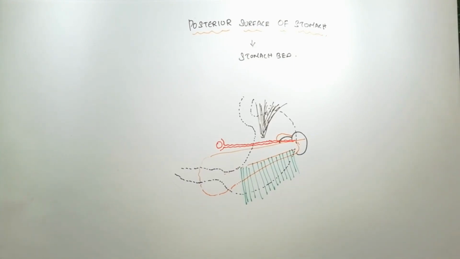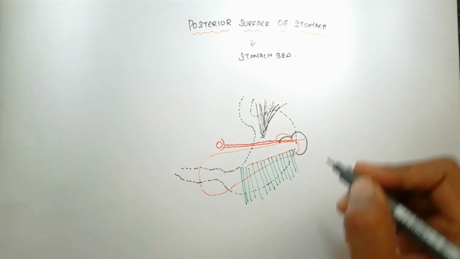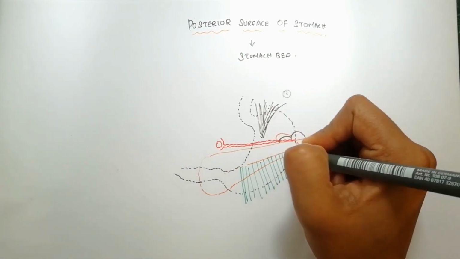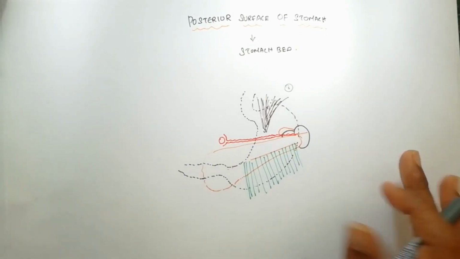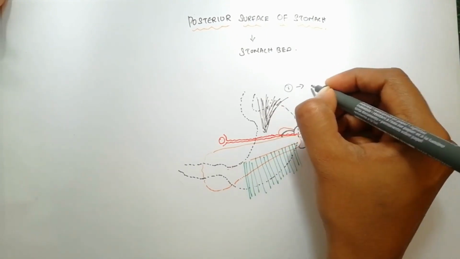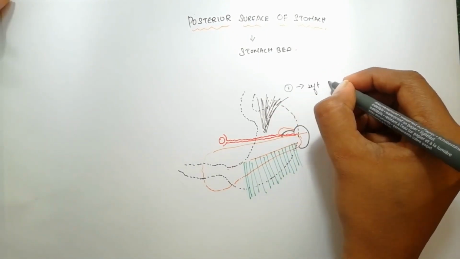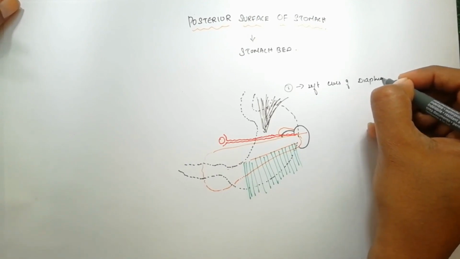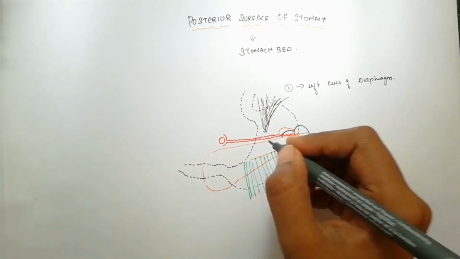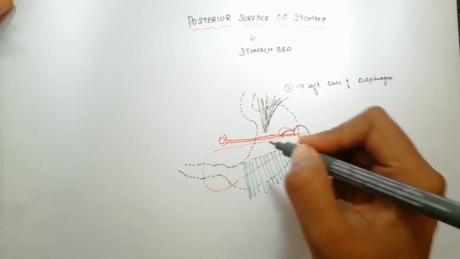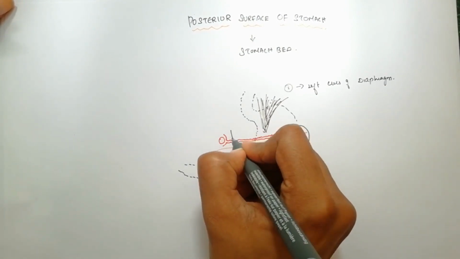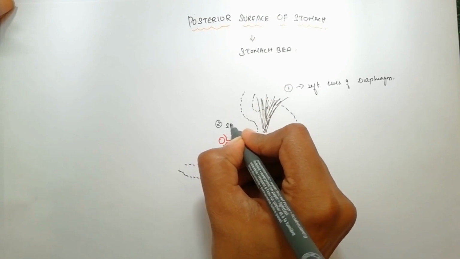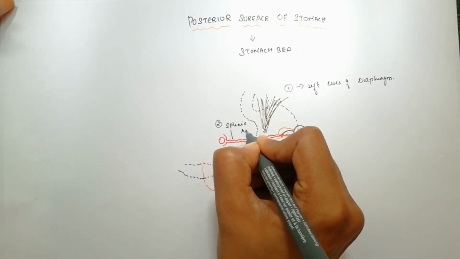I will summarize again. We are going from above downwards. The first structure we have got is left crus of diaphragm, and then the artery, that is splenic artery. So second one is splenic artery.